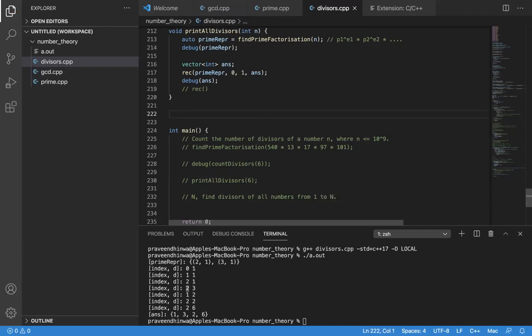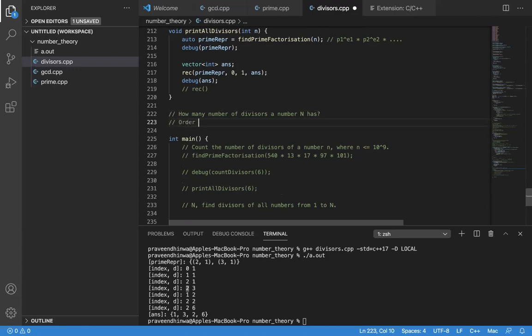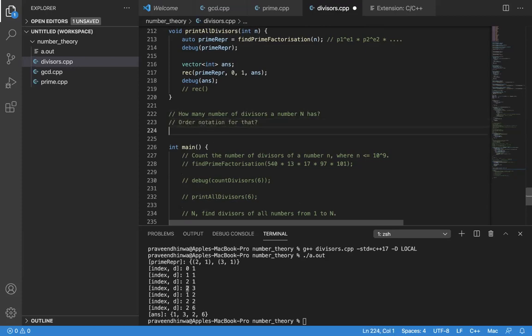One fact that might be useful for you: how many divisors does a number n have? What is the order notation for that? Is it order of n, order of square root of n, or something else? How many divisors can a number n have?